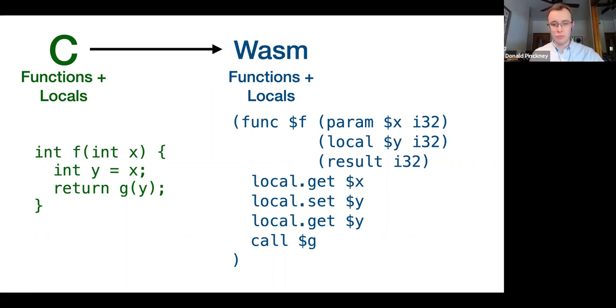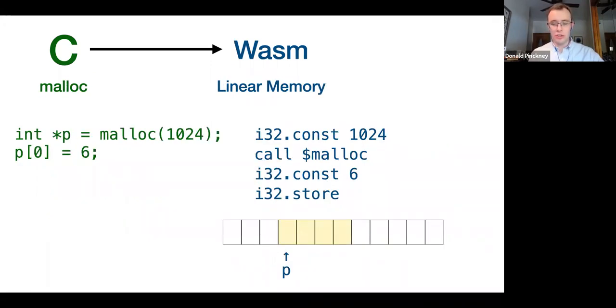And then the last feature, which is again really straightforward to compile from C to Wasm, is malloc, things that you want in the heap. Let's say that we're mallocing some number of bytes. We get them into this pointer p, and then we do a write to this pointer. The key thing is that you can't put these 1024 bytes into the Wasm formal stack because you can't do any indirect read or write operations arbitrarily into the Wasm stack.